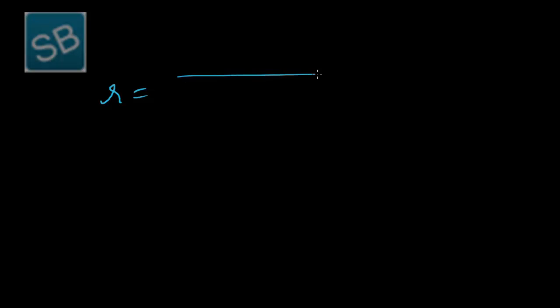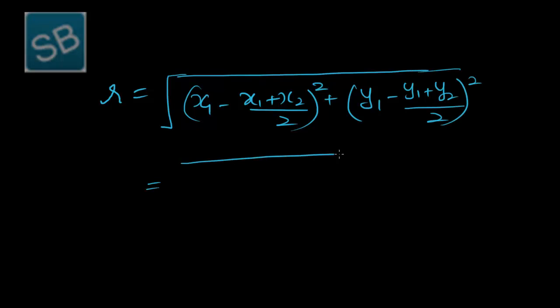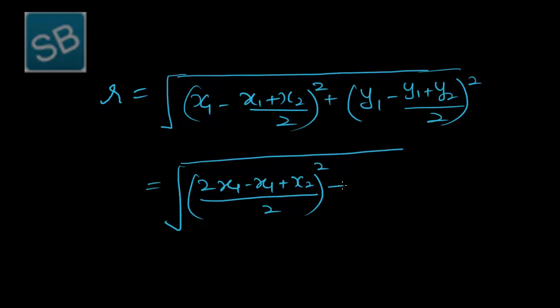So R is equal to AC, the distance between A and C, that is under root (x1 minus (x1 plus x2) over 2) whole square plus (y1 minus (y1 plus y2) over 2) whole square. That gives, by taking LCM, (2x1 minus x1 plus x2) in the first bracket plus (2y1 minus y1 minus y2) over 2 whole square.